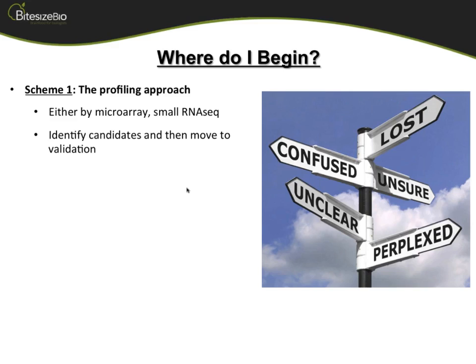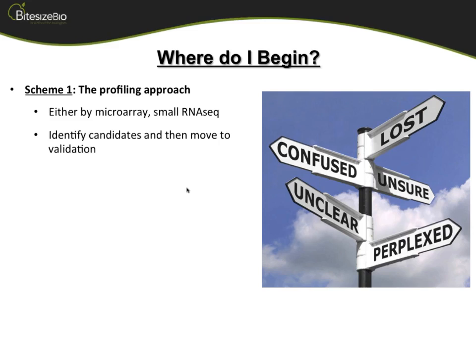I guess you can do this with any system. Scheme 1 is kind of laid out as, I guess, a forward genetic. So essentially, you did a big profiling experiment. You can do this by a microRNA microarray, or by small RNA sequencing, and there's many other techniques as well.